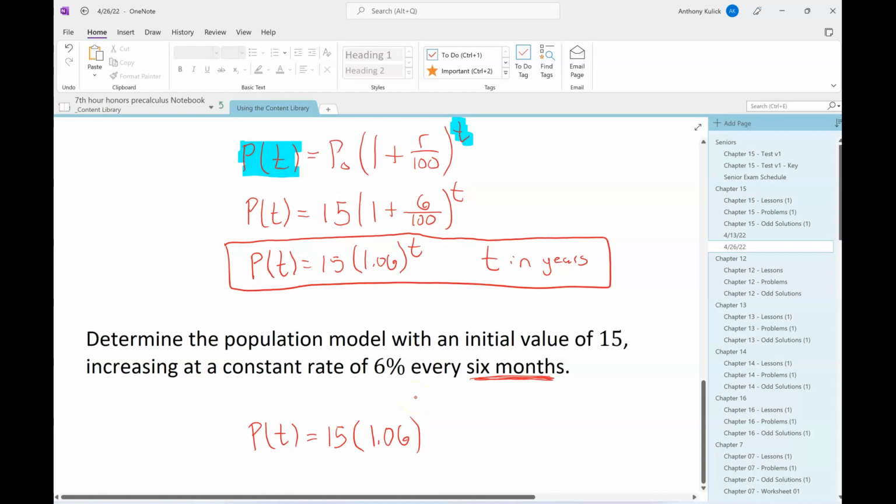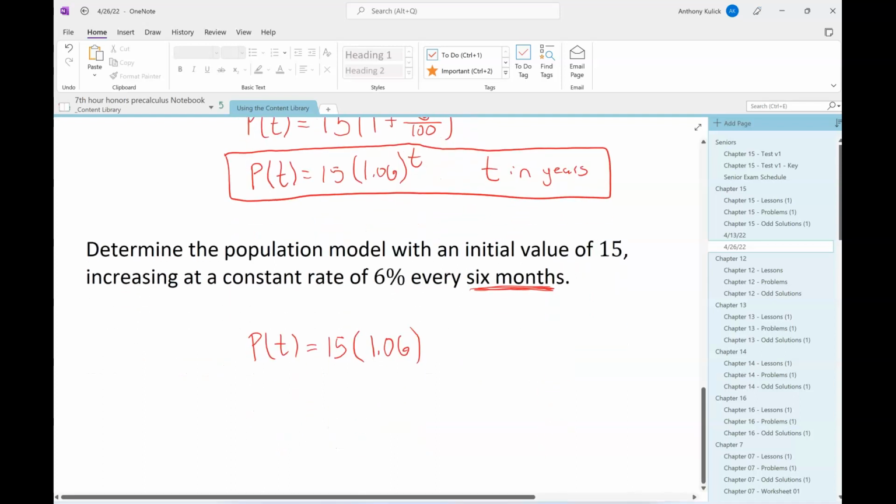So that part is always going to be much the same, right? Now, it's reasonable to write this model with two different kinds of units for t.